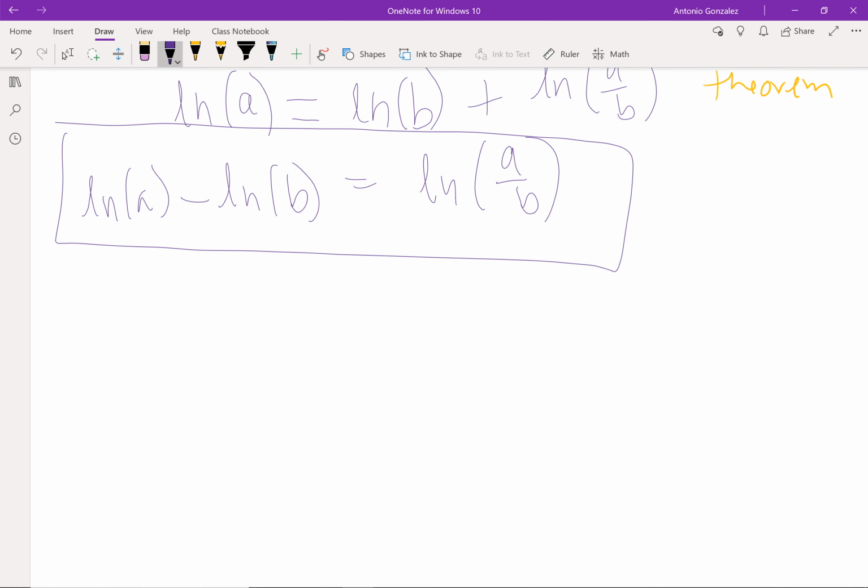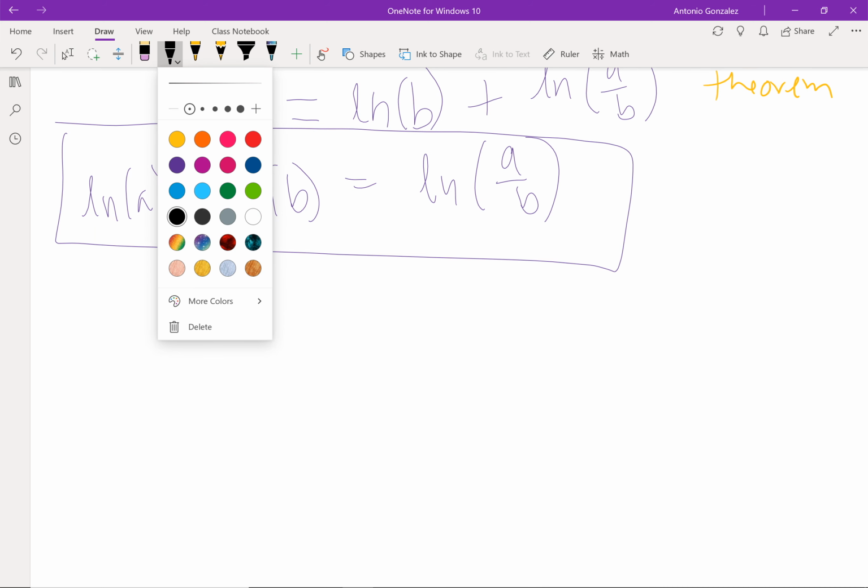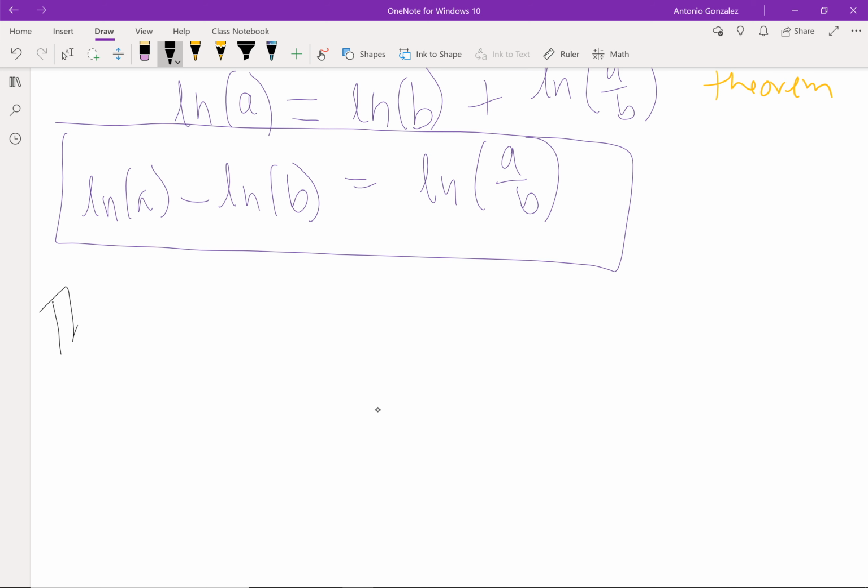Our next property I'll state without proof, so I won't prove this one, but we can at least state another one of the basic properties of logarithms.